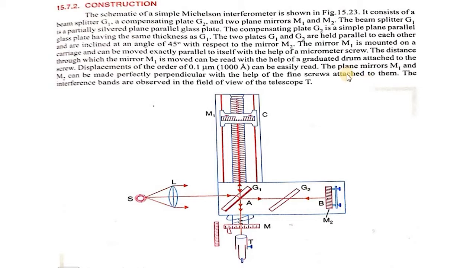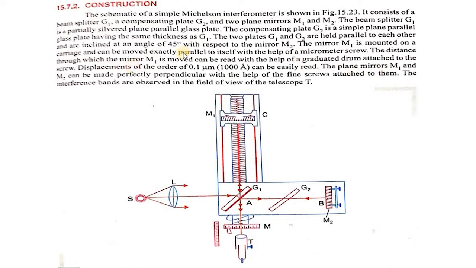The mirror M1 is mounted on a carriage and can be moved exactly parallel to itself with the help of a micrometer screw. The distance through which the mirror M1 is moved can be read with the help of a graduated drum attached to the screw.